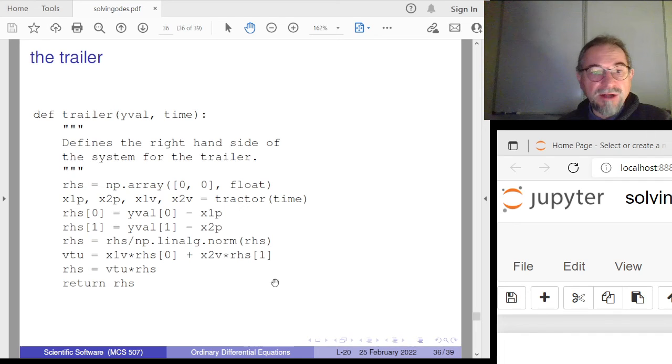We use the linear algebra module to compute the norm. It's only in two variables here, so it could have been done explicitly. And then we compute the inner product as the projection. And that is the right hand side. So the right hand side is the velocity vector with the right hand side component.